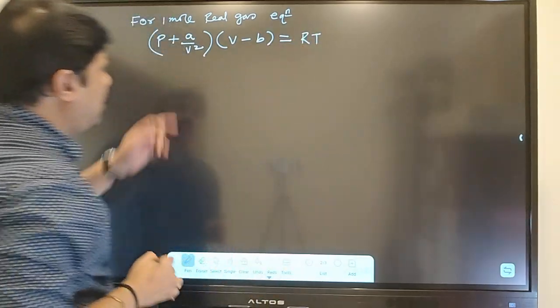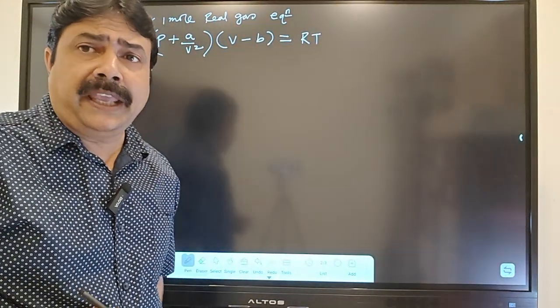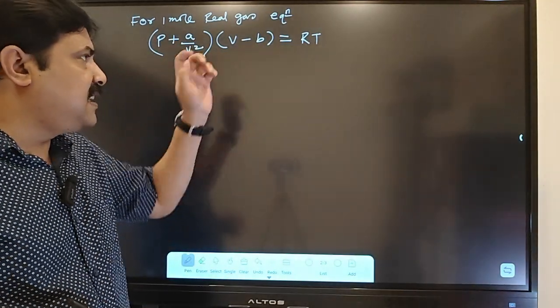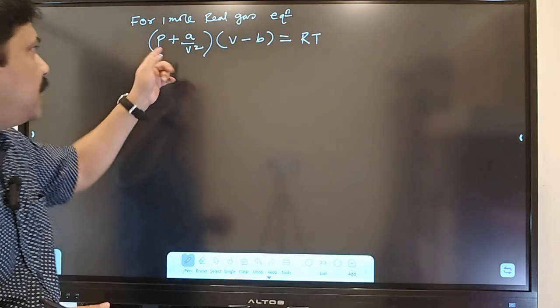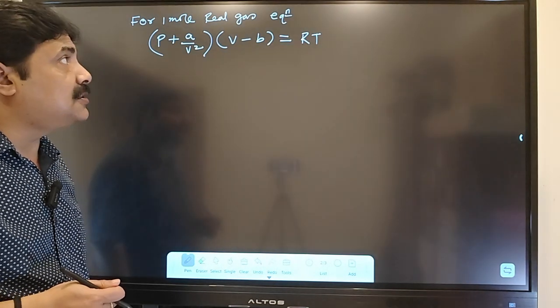If it is n moles, then (P + n²a/V²)(V - nb) = nRT. But here I took 1 mole, that's why everywhere n equals 1. So it comes (P + a/V²)(V - b) = RT.